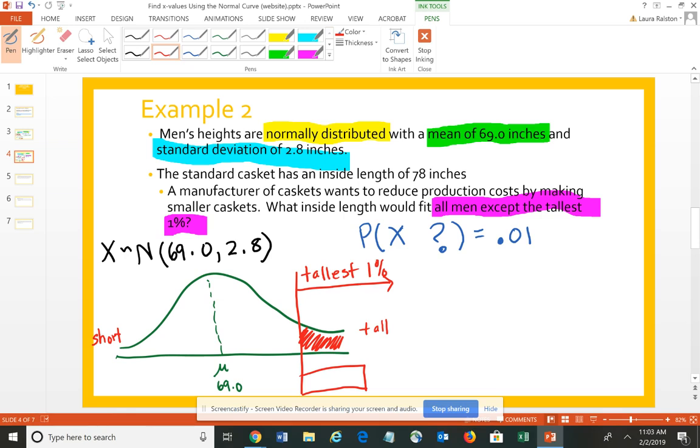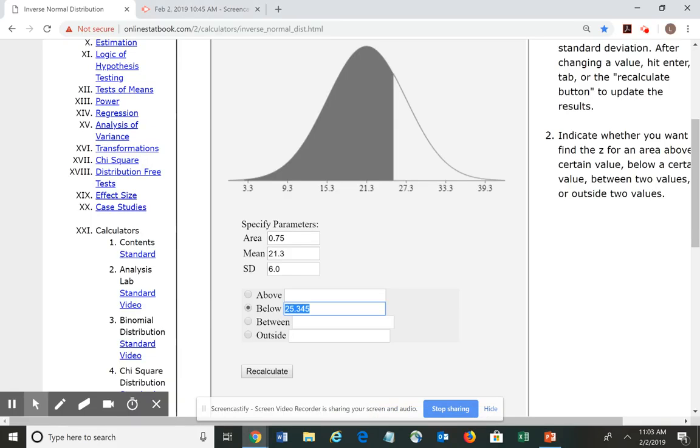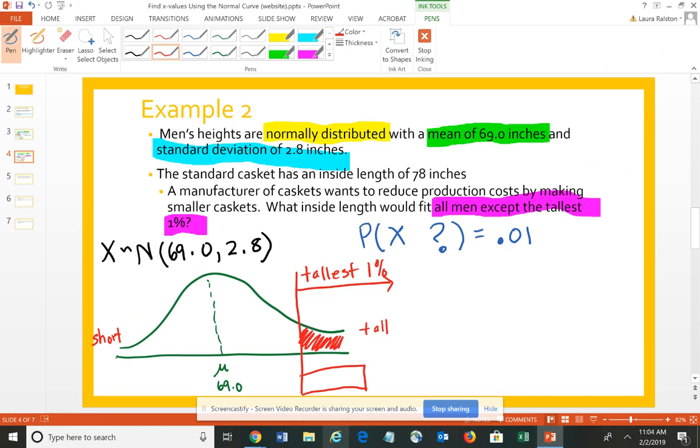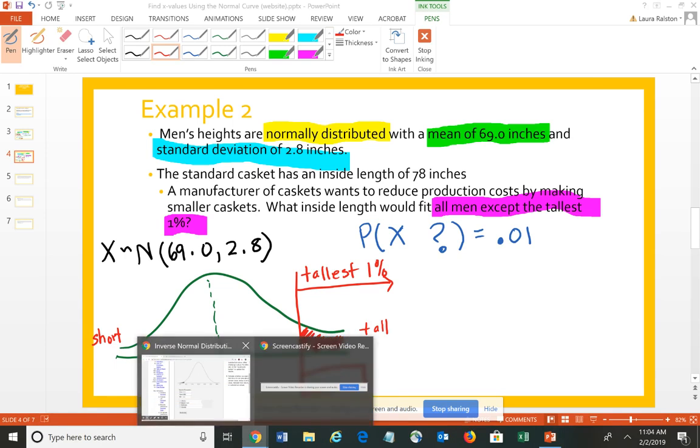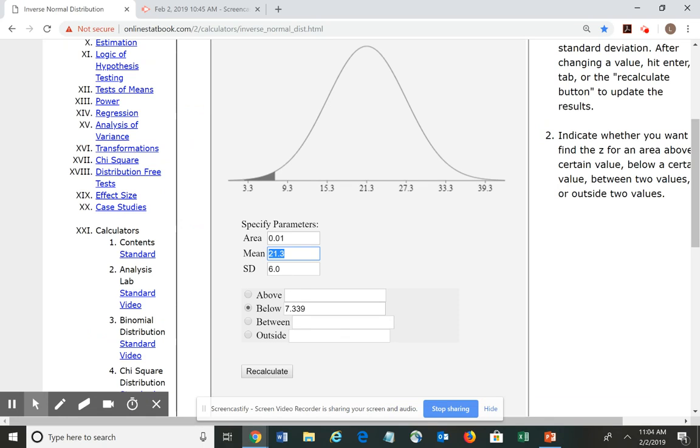So if we go out to the website, again, our area here is 1%. The mean was 69. Make sure you get the right numbers in there. 69.0. Standard deviation is 2.8.